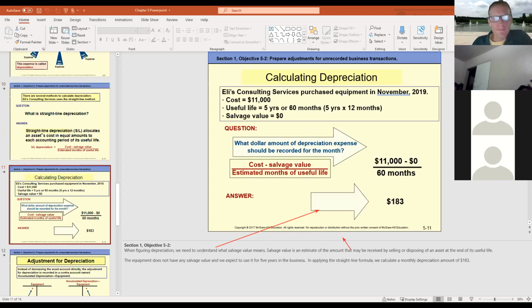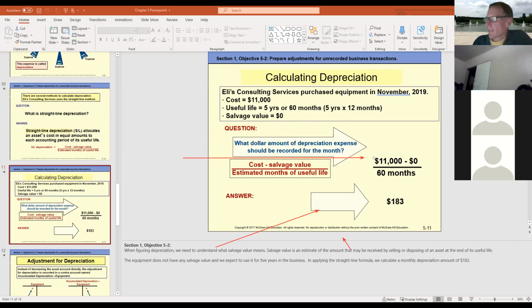Here's how you do it. So in this particular problem, here's what they tell us. They tell us the cost was $11,000. The useful life they gave us was 5 years, or in months, it's 60. Again, these are just estimates. They said salvage value is 0. So all this information would be given to you in a problem, or you'd have to know this to do the allocation adjustment.